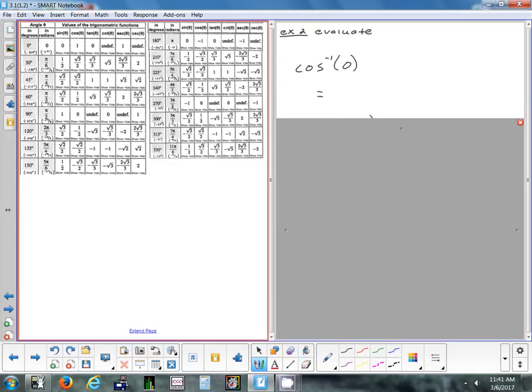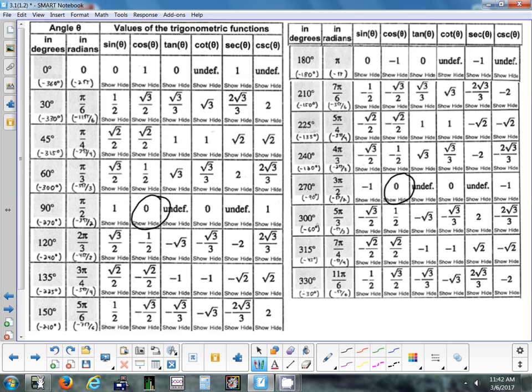How many rows do you see as 0 in the cosine column? 2. I see it right here. And I see it right here. Let's make that a little bigger. So out of the 4 choices, they're all different. Which one is correct?